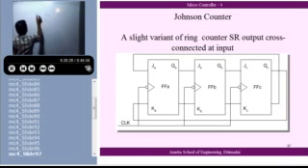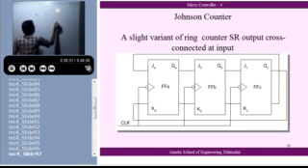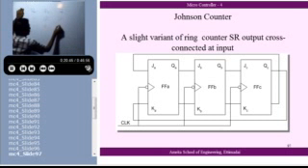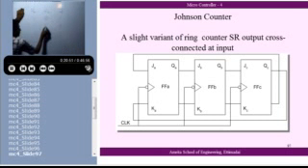QC, QB, QA. This is 1, this is 0. At the next clock pulse, this 1 will get shifted here because I connected that output to this. That 1 will get shifted here, this 0 will get shifted here, this 0 will get shifted here. This 1 will get shifted here, this 0 here, that 0 here. It goes like this. You can see the shifting.